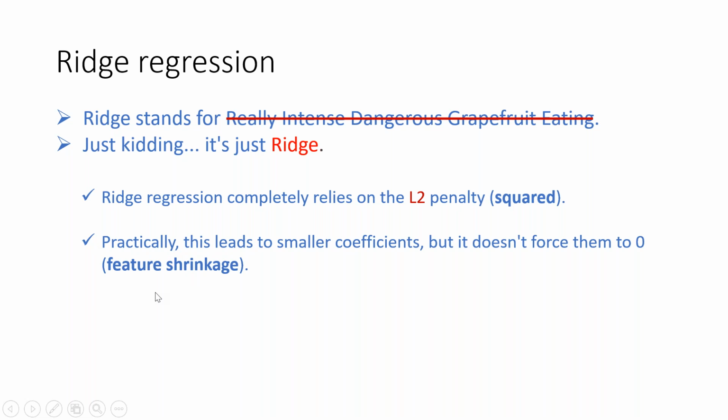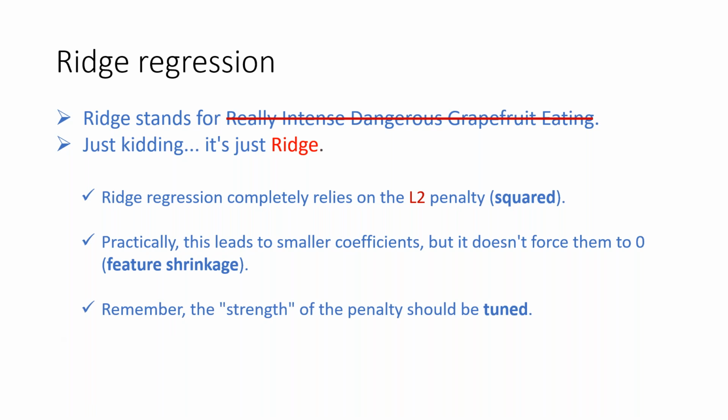Some not-so-relevant features for the problem, which already don't have much impact, meaning the slope is not large because of that particular feature, will have their effect reduced, but they will not be removed out of the equation. So if in any case you want every feature to be there, and I don't want to just remove one feature, then ridge is a good thing because it doesn't remove.